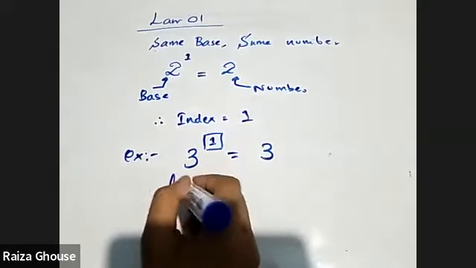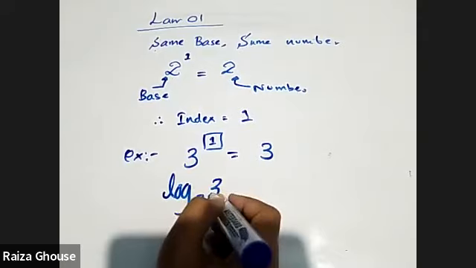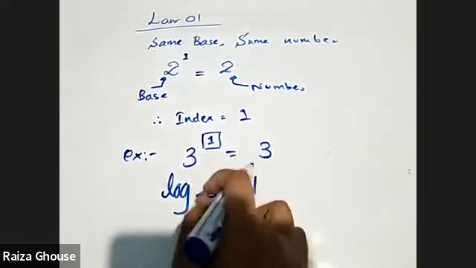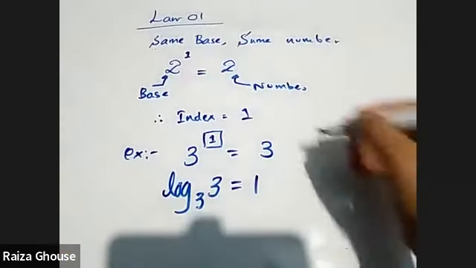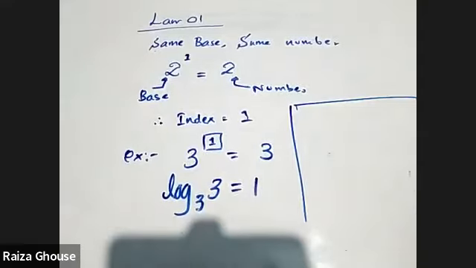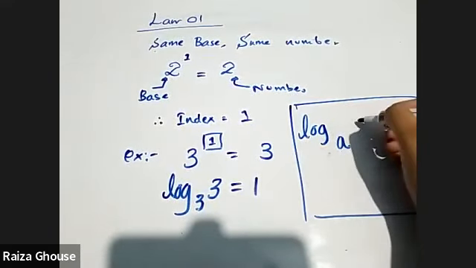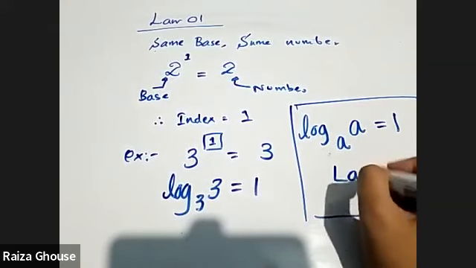Log, the base is 3, the number is 3, the power is 1, right? So same base, same number, the answer is 1. What is our law here? The law is log of the same base and same value is equal to 1. This is law 1.